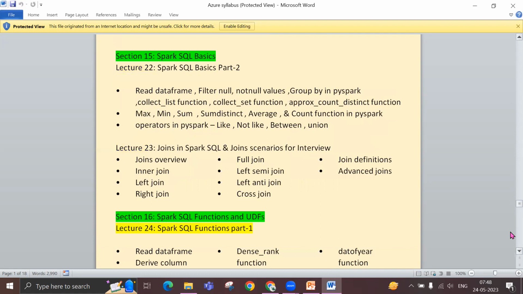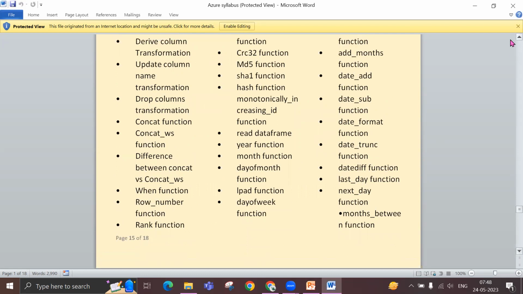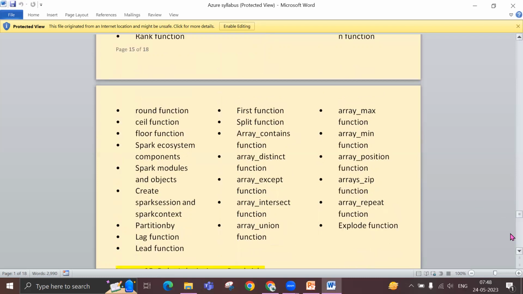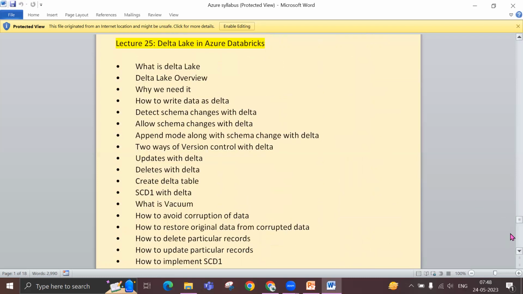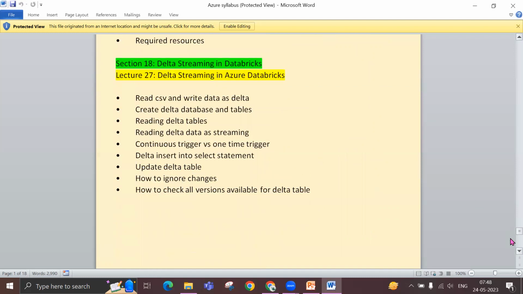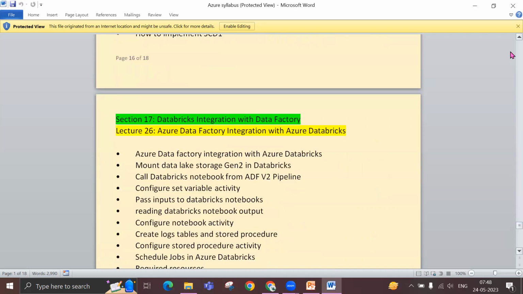Okay, and all these joins, everything we know already. Some of them we have already done, right? So how they can be done in this way, using the Databricks notebook, we will be discussing this, right? Okay, so that's about the Databricks that we're planning to do.